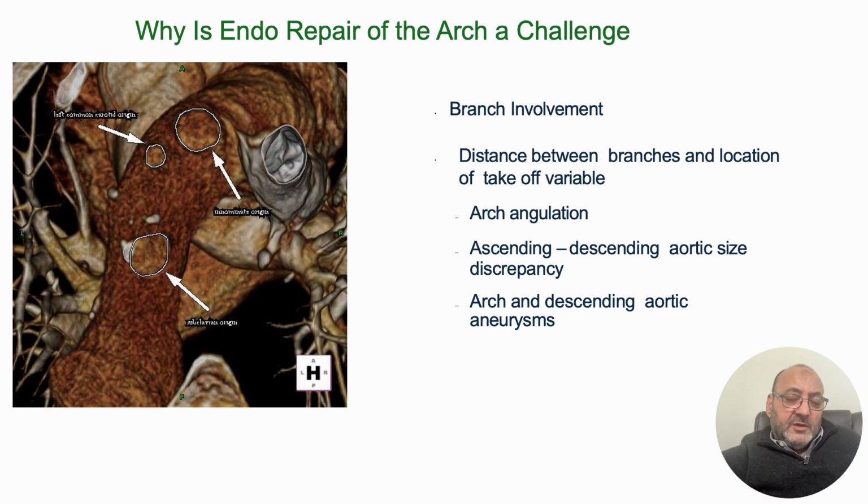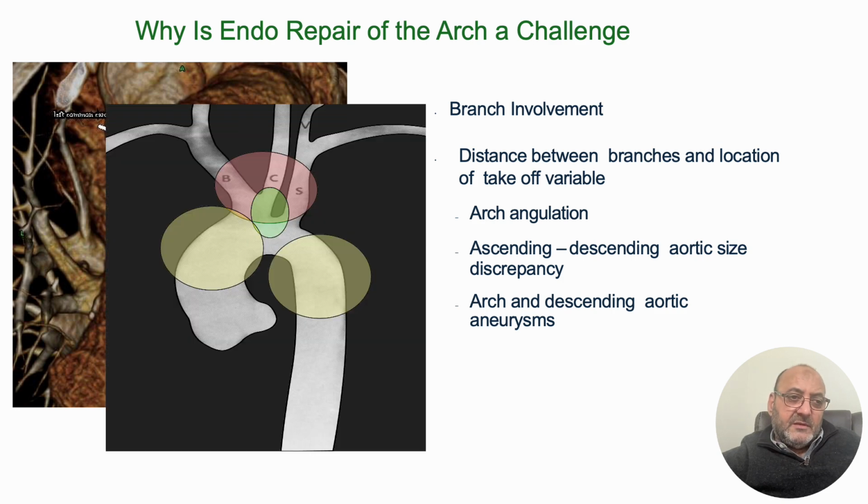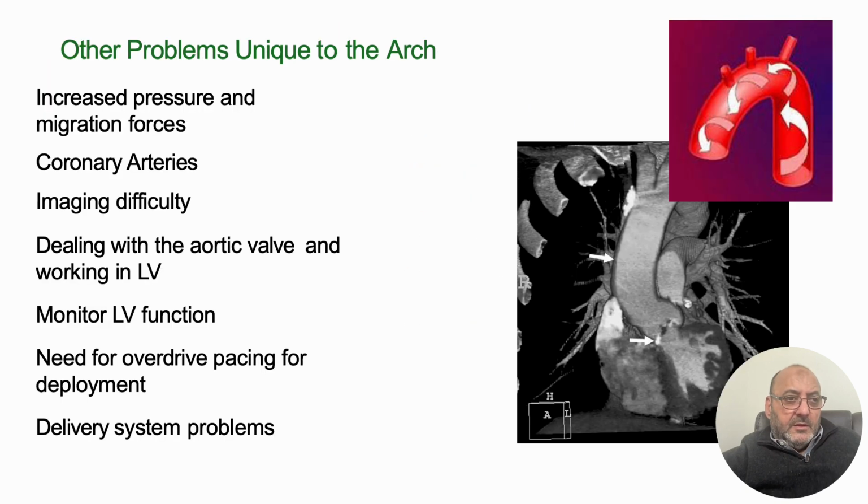If you have descending aneurysms or arch aneurysms, all these things you have to look at. You have to look at these points to make sure that you have a successful arch branch graft deployment. Other problems unique to the arch are increased pressure, so migration forces are higher.